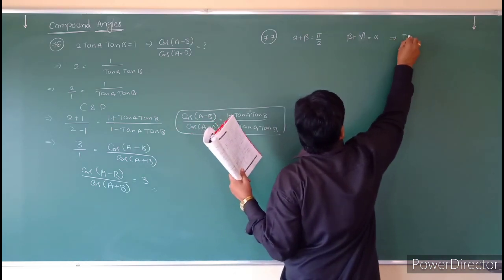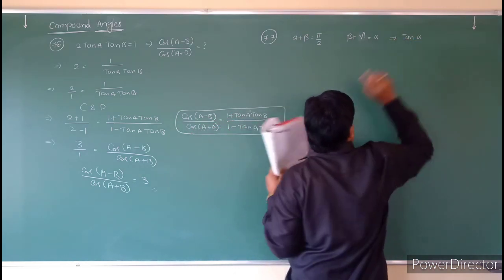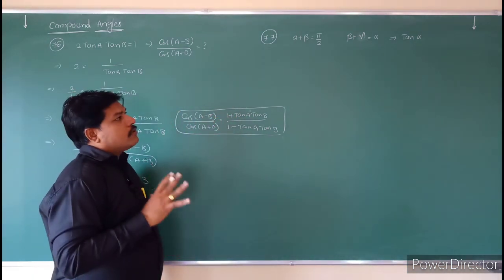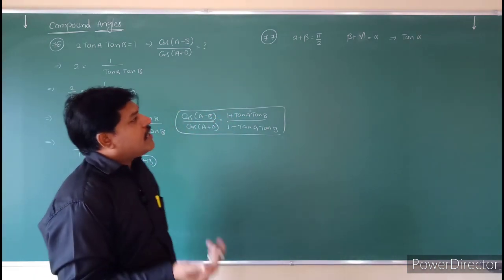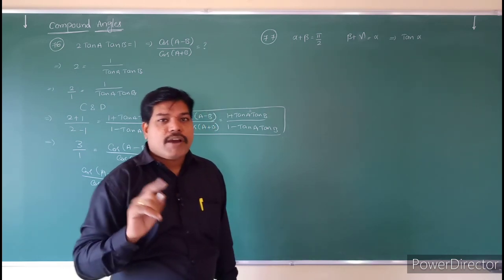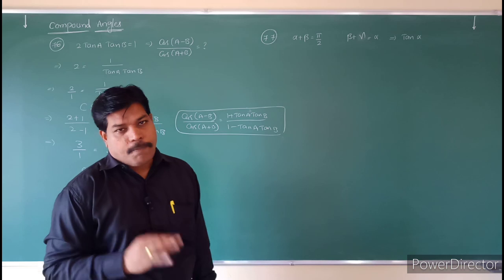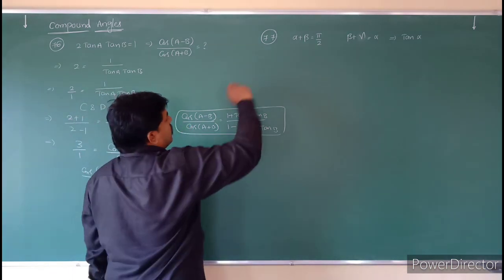Then the question is, they are asking you to calculate tan alpha. So alpha plus beta is pi by 2 and beta plus gamma is alpha. Then what is the tan alpha value? Okay. So see this question, students, how to solve this one.